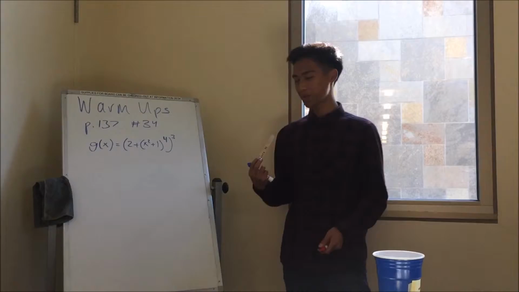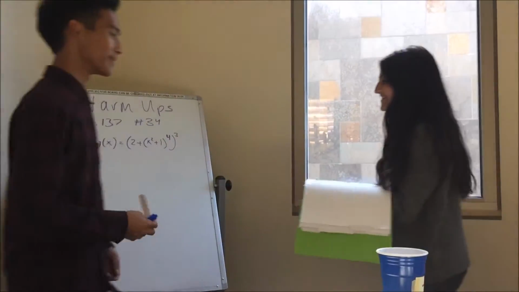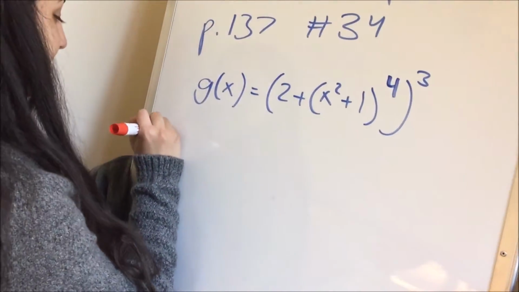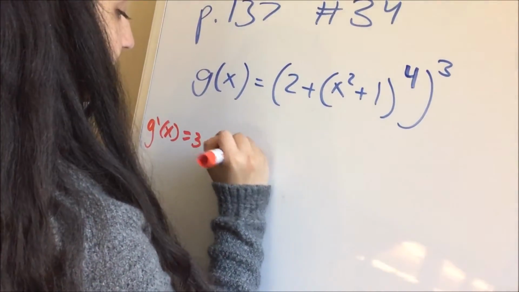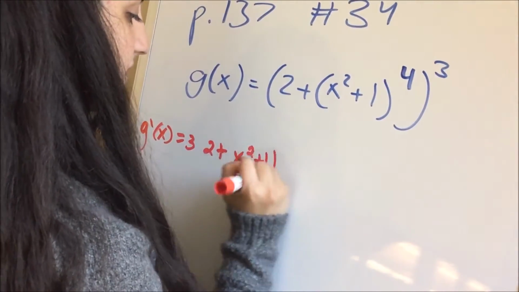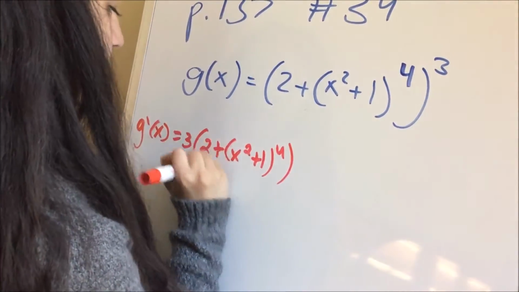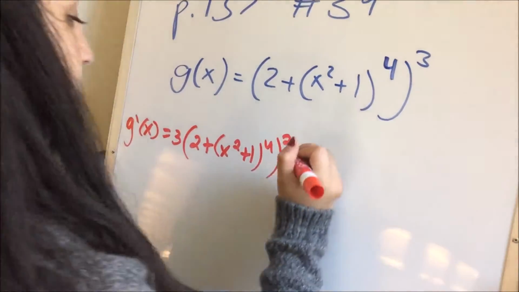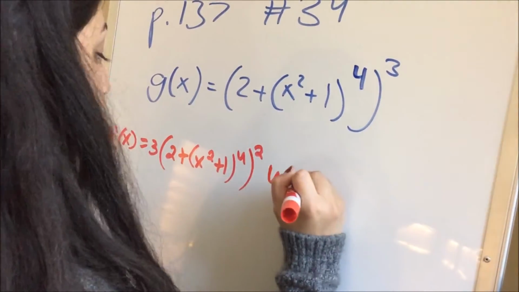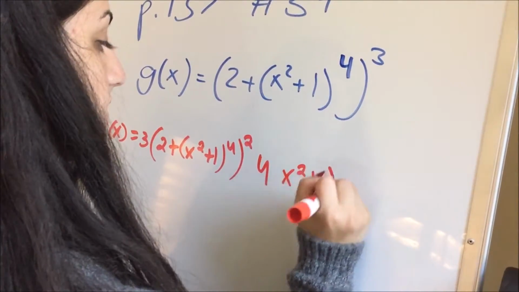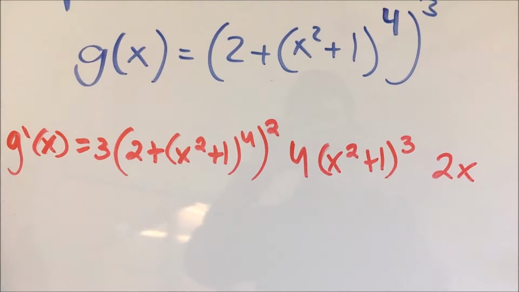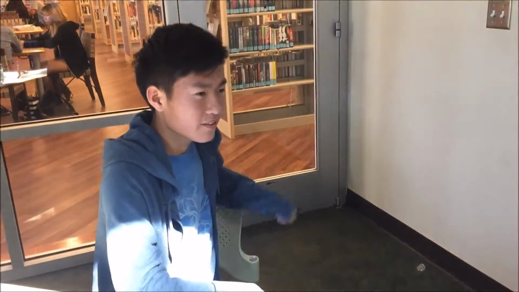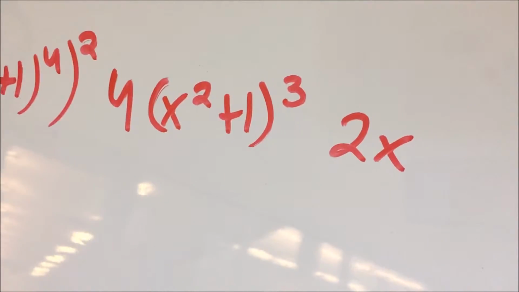Sara, will you help me do the problem? How do you get 4 times x squared plus 1 raised to the third times 2x?